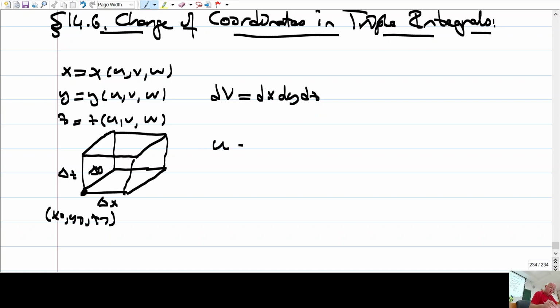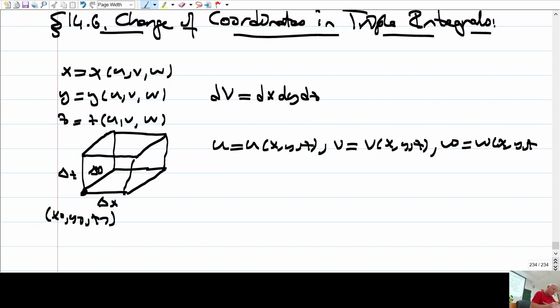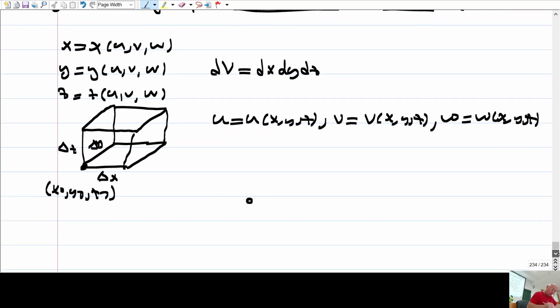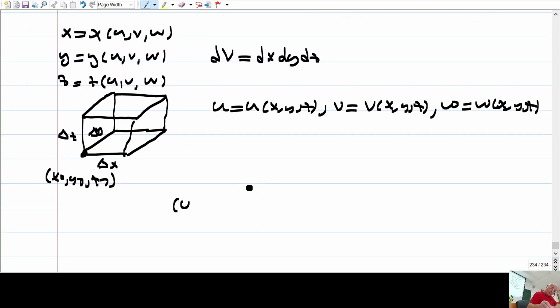So u as a function of x, y, z, v as a function of x, y, z, and w as a function of x, y, z. This point x0, y0, z0 is moved to this point, let's say u0, v0, w0. And then these vectors, delta x, delta y, delta z, are moved to these three vectors, let's say a, and then b, and then let's say c.